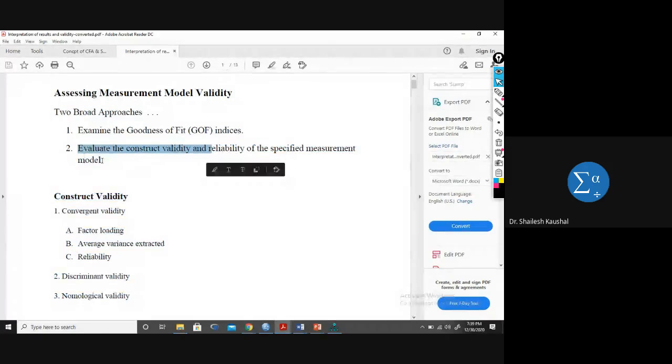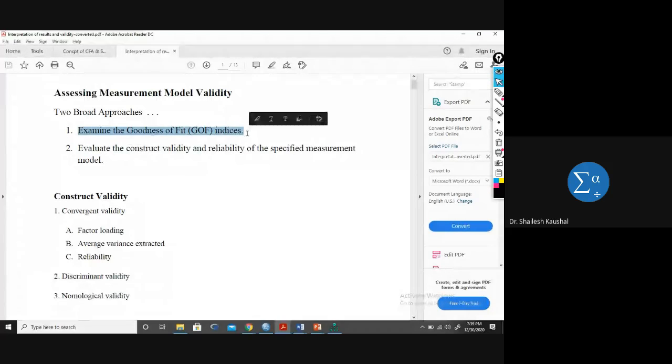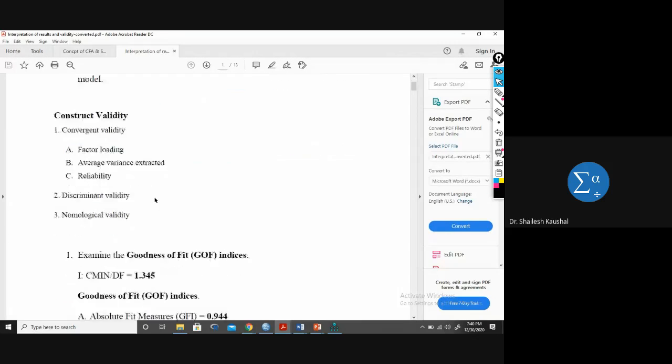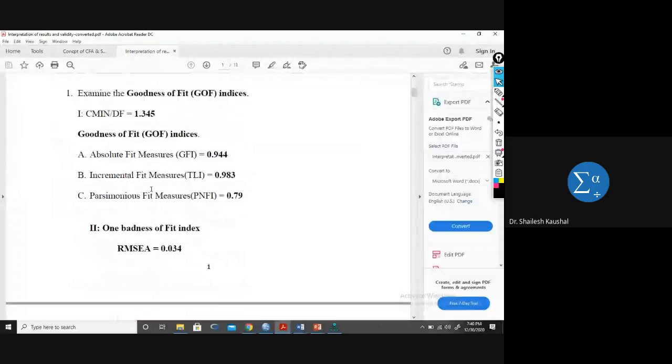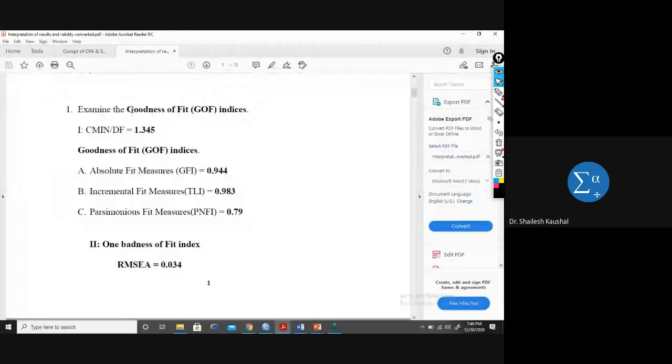Okay, so we produce both results, goodness of fit indices, in our research paper, as well as this. So what is the meaning of goodness of fit indices? We understand here. Now, in the goodness of fit indices, the first step, there are 5 values we will report in our result.